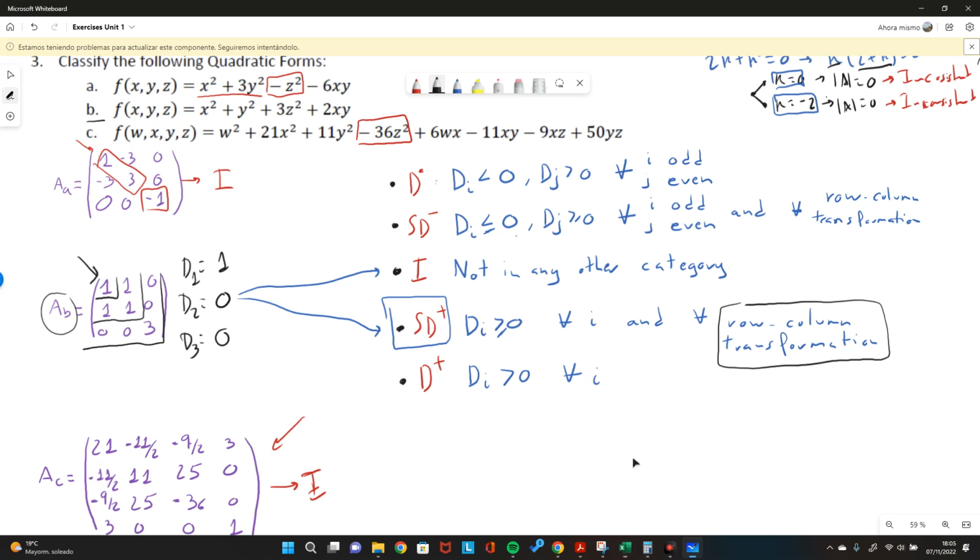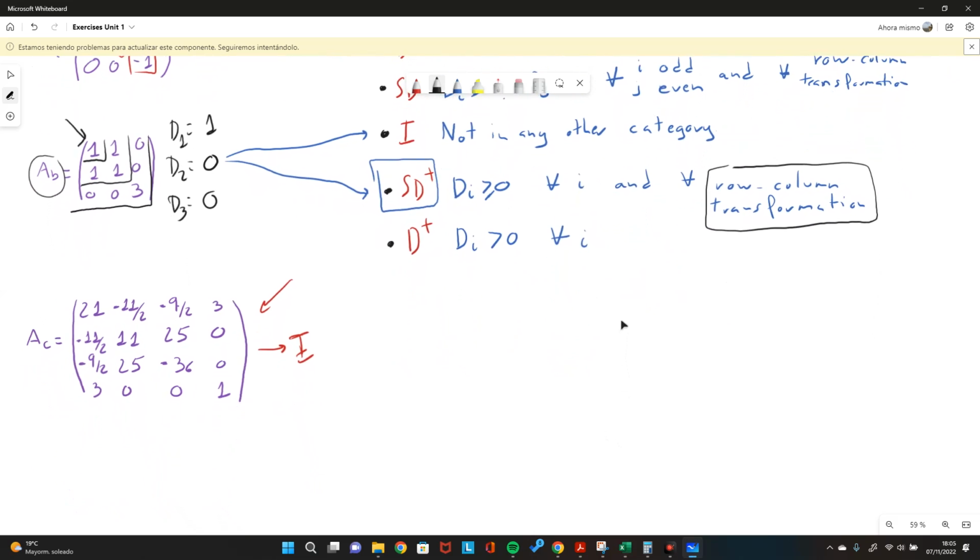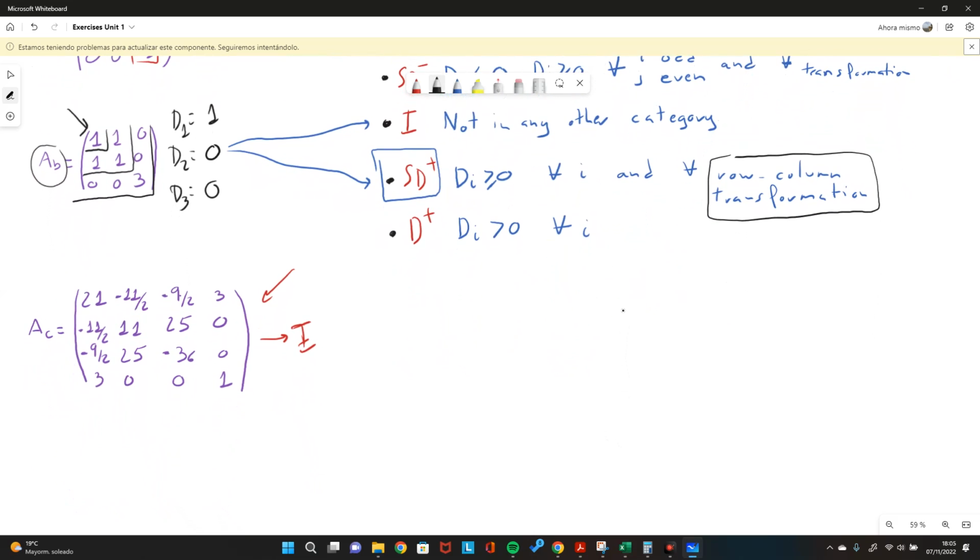And so we have to transform this matrix a couple of times, okay? So A changing rows and columns 1 and 2, A changing columns and rows 1 and 3, and A changing columns and rows 2 and 3. I'm going to do it in just one step. Remember, I told you it's much better to do it in two steps, okay?